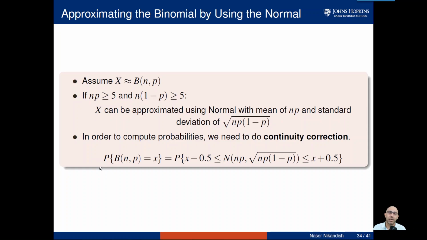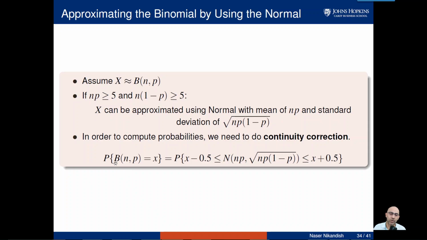Question number 3, well, binomial is discrete. Normal is continuous. How do we switch so easily from discrete to continuous? Well, we have to do a little bit of adjustment. That adjustment, because we are moving from discrete to continuous world, is known as continuity correction.